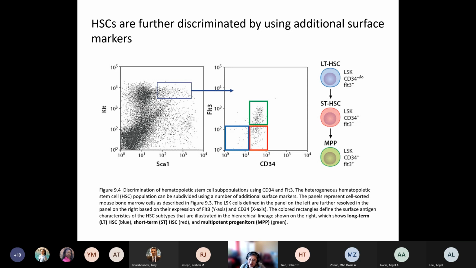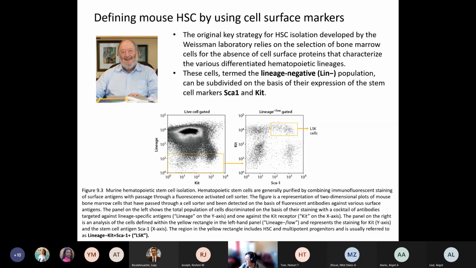But soon people started to realize that not every LSK cell is a stem cell. So basically, let me go back to the previous slide. Even if you have lineage low or negative, SCA1 positive and KIT positive cells, those cells may not be stem cells.